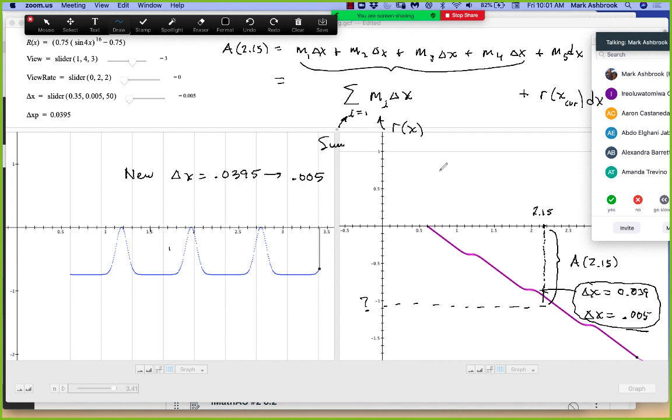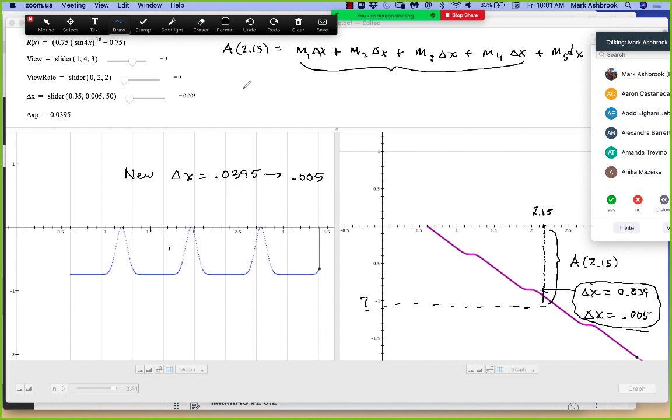Okay, and so what happens now is we've got our exact net accumulation function. So this function, we said A(x), so I'm going to rewrite this one a little bit nicer here.